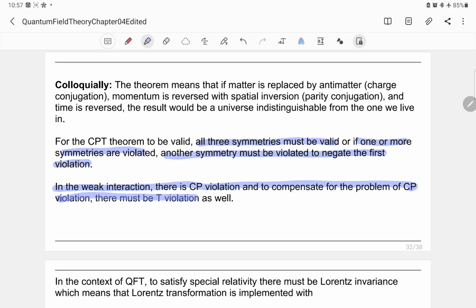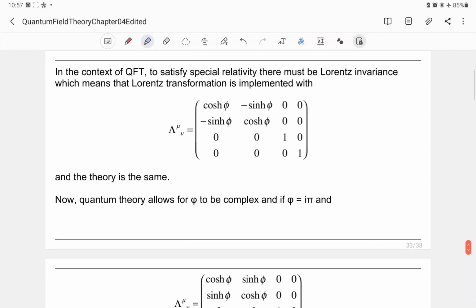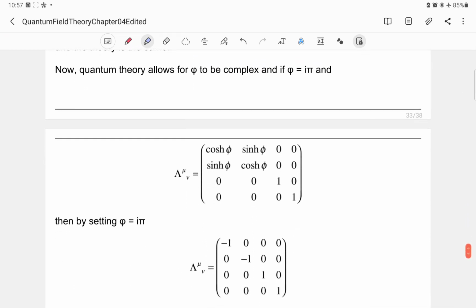So this is also the CPT theorem. In the context of quantum field theory, to satisfy special relativity, there must be Lorentz invariance, which means that the Lorentz transformation is implemented this way. And the theory is the same. Now, quantum theory allows phi to be complex, which is, you can replace a complex angle for phi, and your transformation would be this.